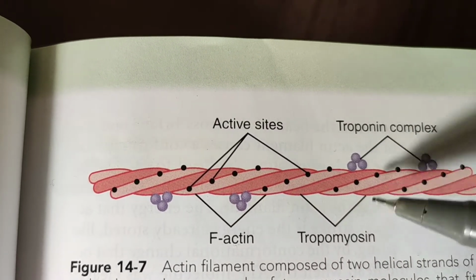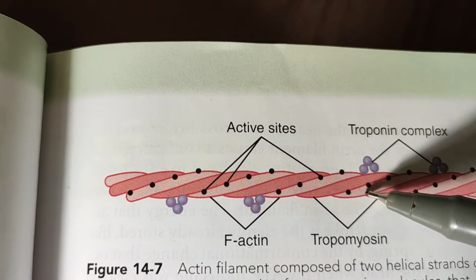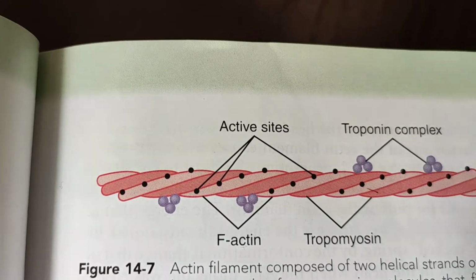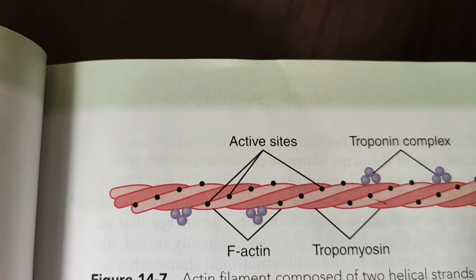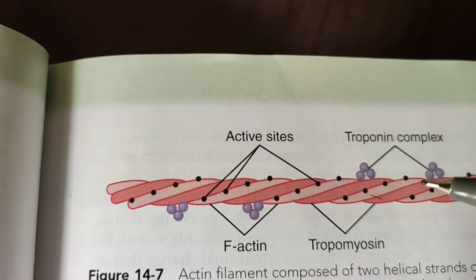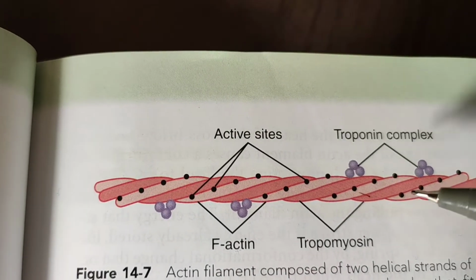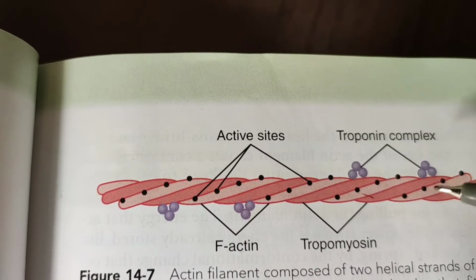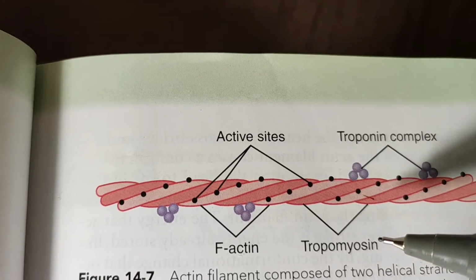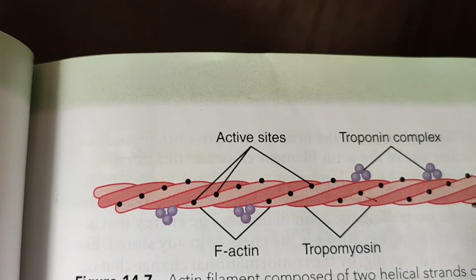This dark one is the tropomyosin, and this light one is the F-actin. On the F-actin, the black dotted ones are the active sites, and these active sites are covered by the tropomyosin when the muscle is not contracting.